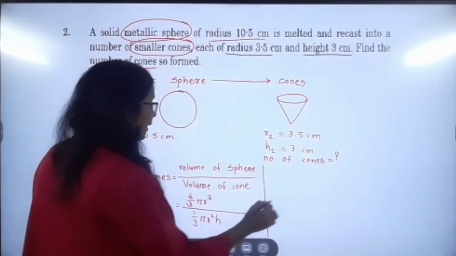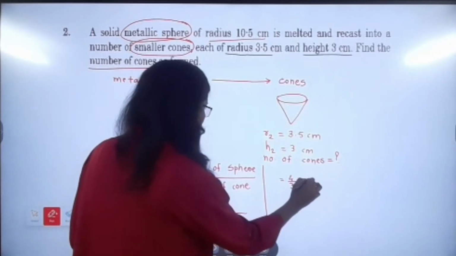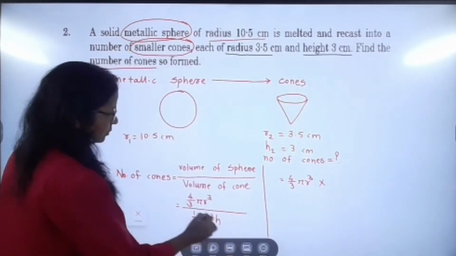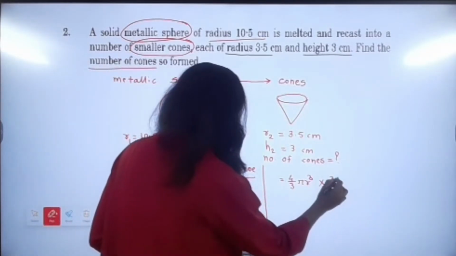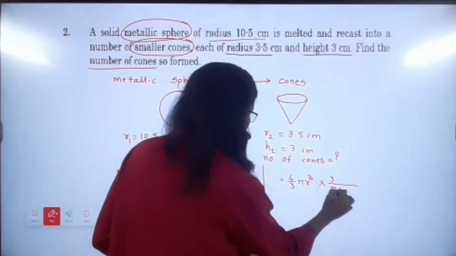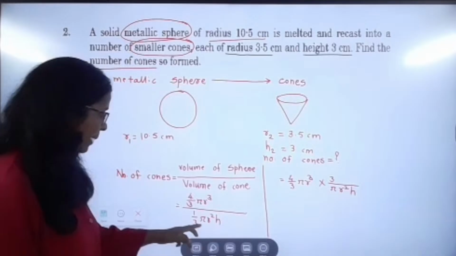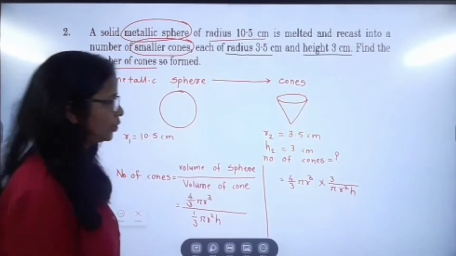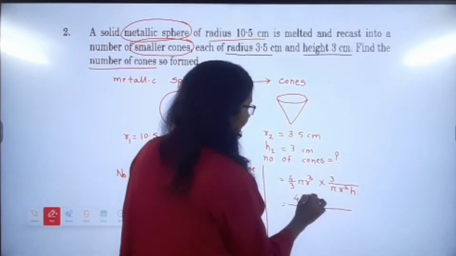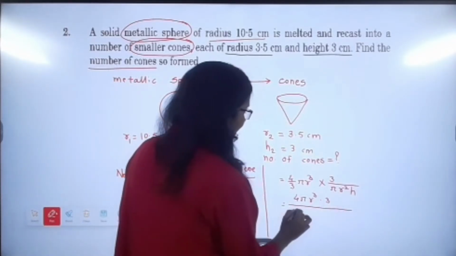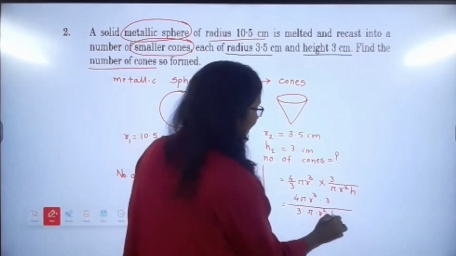I write down 4 upon 3 pi r cube, and the reciprocal of this one, that is 3 divided by pi r square h. 1 by 3 means 3, and pi r square h means 1 upon pi r square h. So at the numerator place 4 pi r cube multiply 3, and at the denominator place 3 multiply pi multiply r square multiply h.